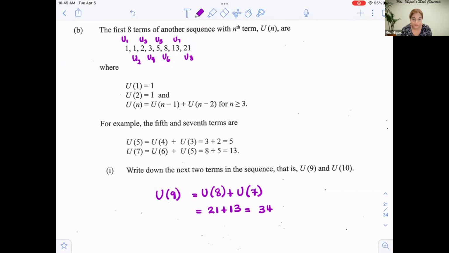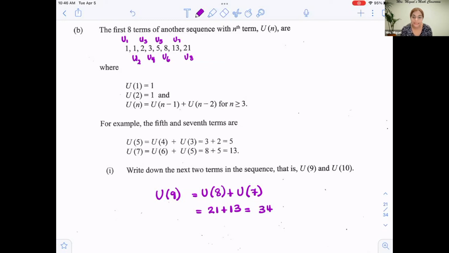Similarly, let me pause and give you a chance to work out U10, because there must be somebody in the class who didn't do it. All right.